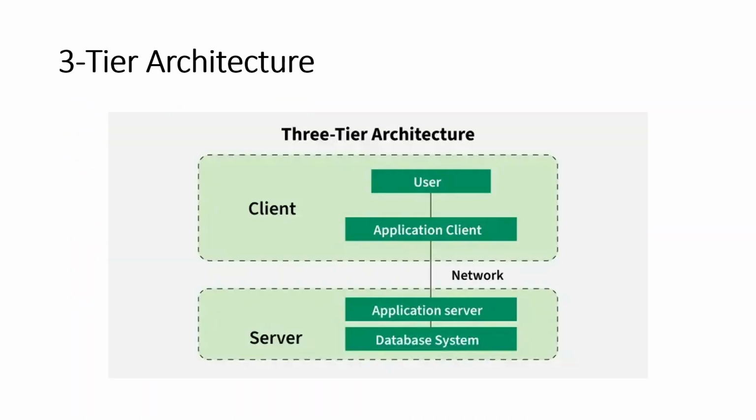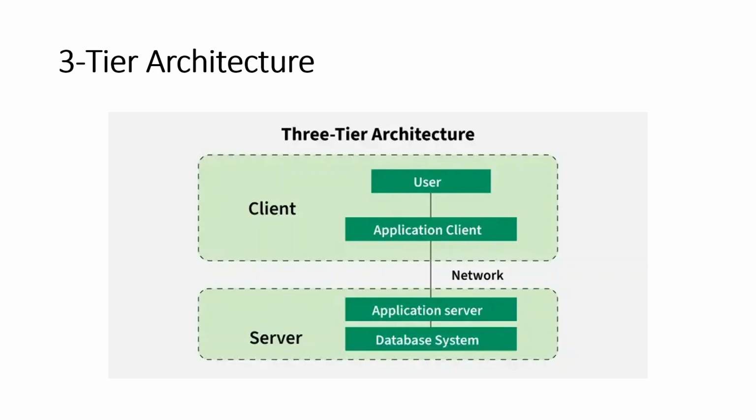Now, see the three-tier architecture. In three-tier architecture, there is another layer between the client and the server. The client does not directly communicate with the server. Instead, it interacts with the application server, which further communicates with the database system.